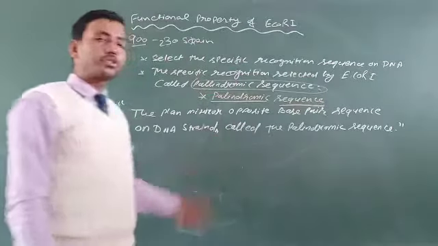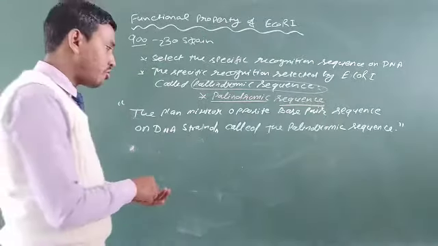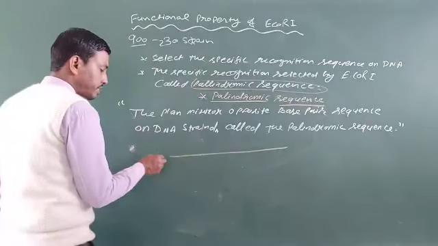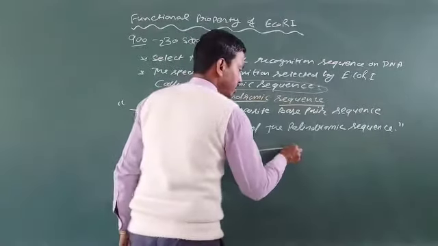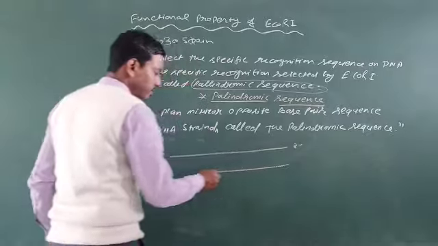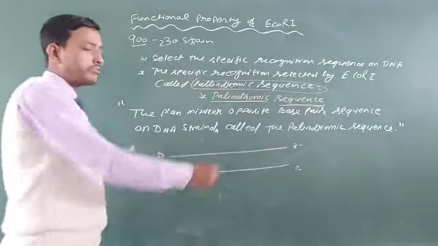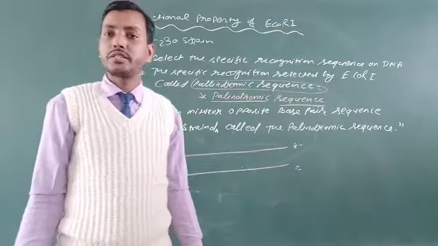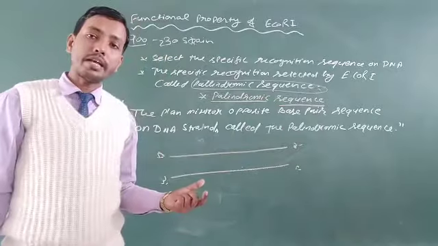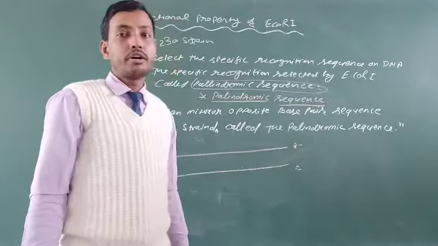The plane mirror opposite base pair sequence means, as you all know, on a DNA strand, suppose this is one strand with polarity 5' to 3', and this is another strand with polarity 3' to 5'. Suppose one strand has a nitrogenous base pair sequence, then the second strand will have the opposite but plane mirror sequence, like the word Malayalam.